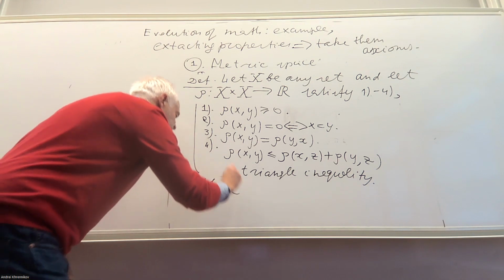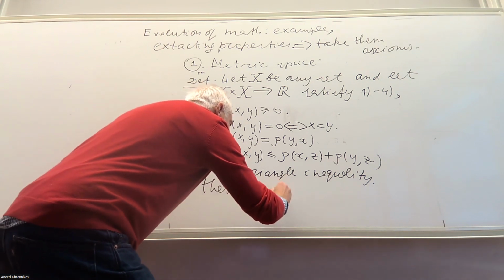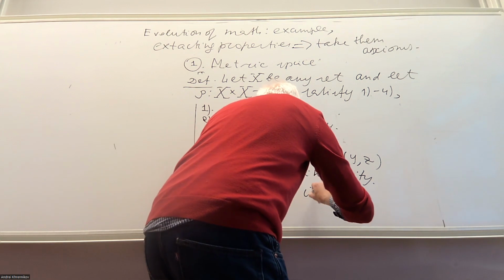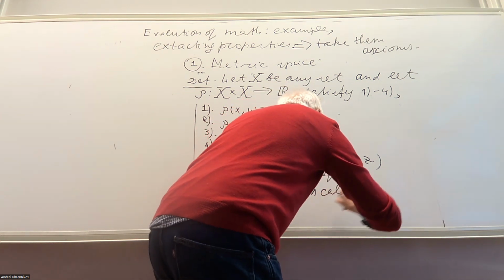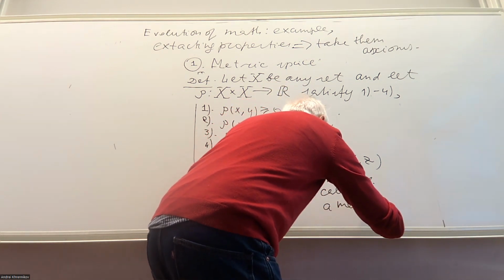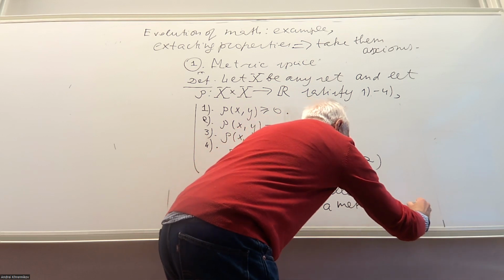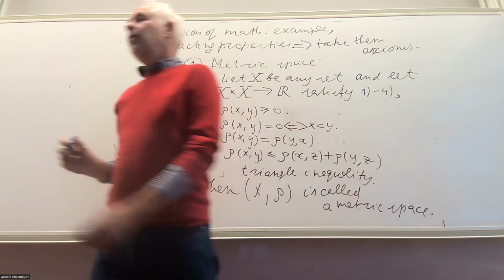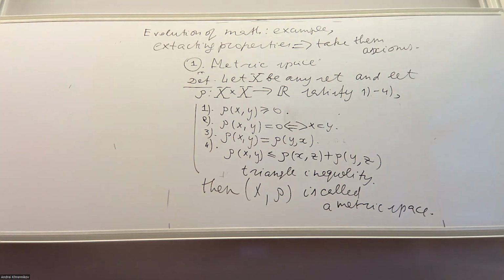Then (X, rho) is called a metric space. So any set where we introduce some function rho on the Cartesian product which satisfies these 4 properties is called a metric space.